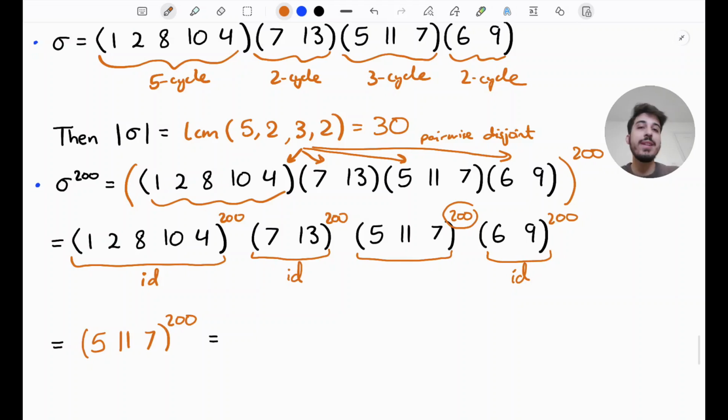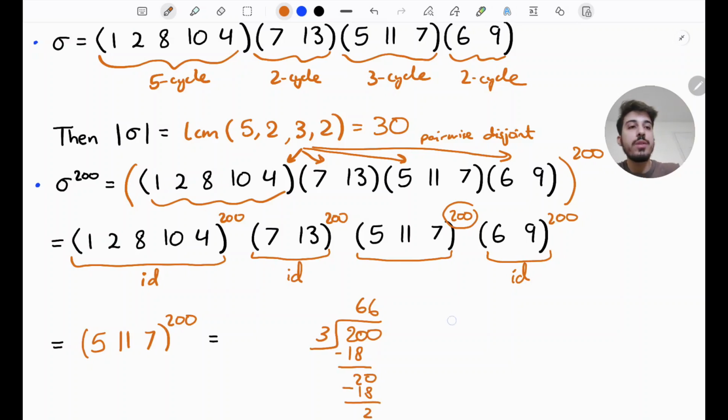Well, we're going to use the division algorithm to put 200 in terms of something times 3, because remember 3 is the order of this, plus a remainder. So 200 divided by 3 is equal to what, first of all? 3 times 6 is 18, minus is equal to 2.